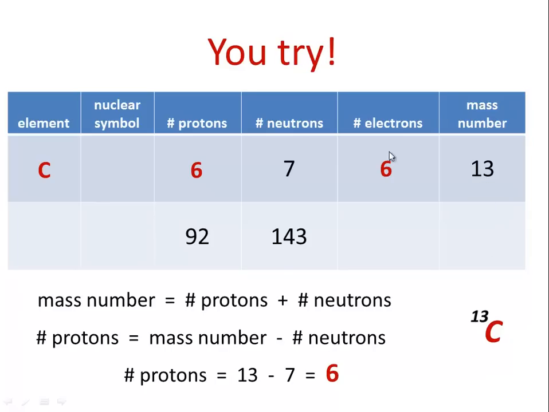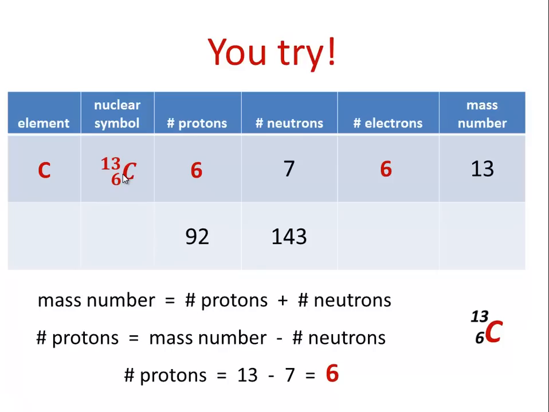And then the subscript is the atomic number, which is equal to the number of protons, which is also equal to the number of electrons. So bring that down. So this, my friends, is the nuclear symbol for this isotope of carbon. Specifically, it's called carbon-13. All right, so now you try the second row.